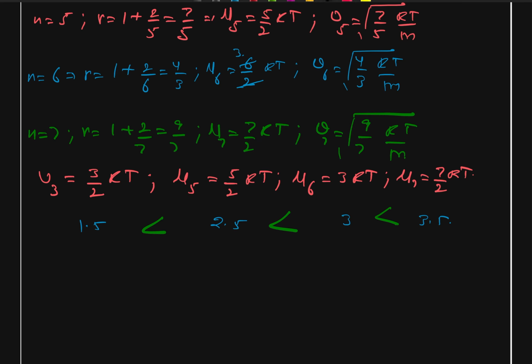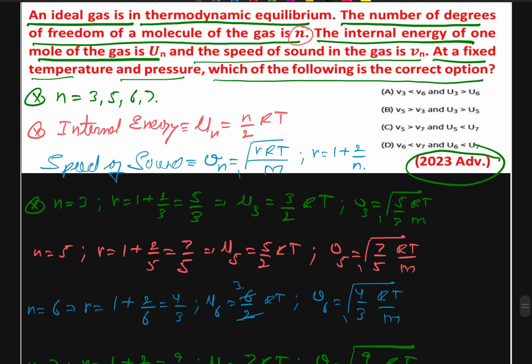So U of 7 is greater than U of 6 is greater than U of 5 is greater than U of 3. So let's check the options that are available.